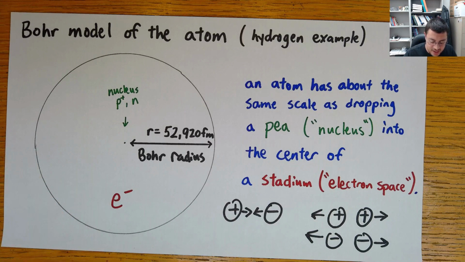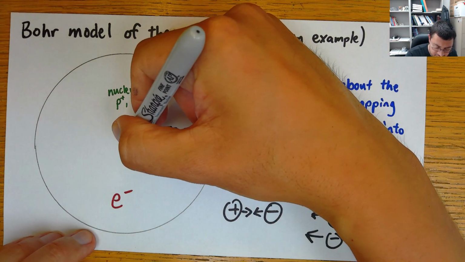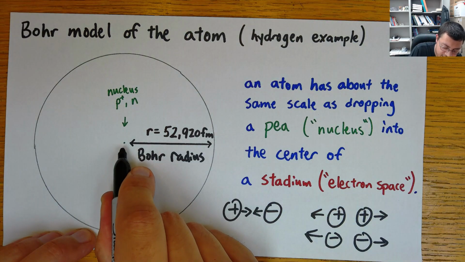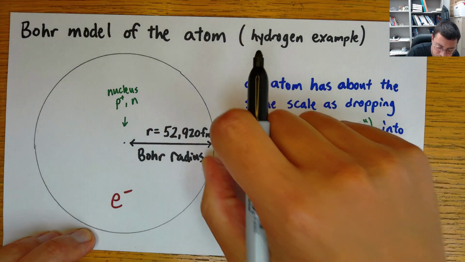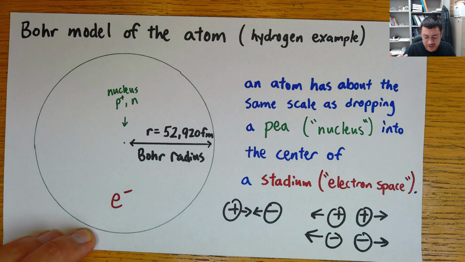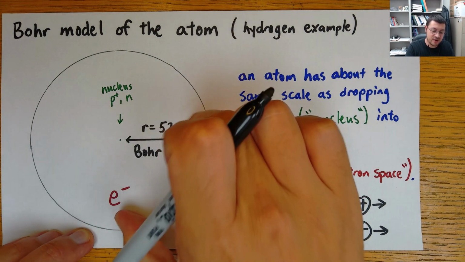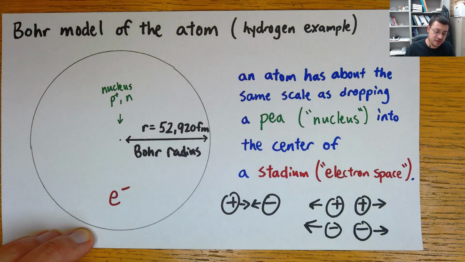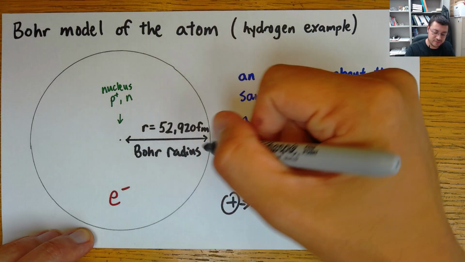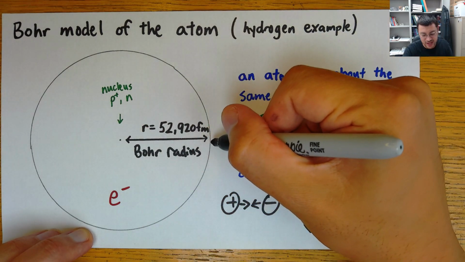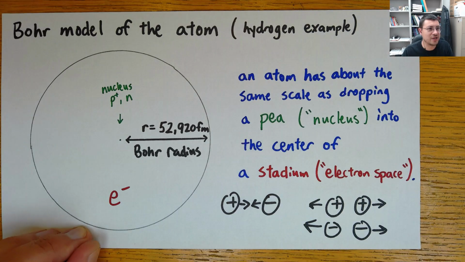So we can have this measurement or calculation of a Bohr radius going from the center of the atom to the outside. And past a Bohr radius, the electron isn't really attracted to the nucleus anymore. So you can think of this as a practical distance for where the electron can be in relation to the nucleus. That's kind of our electron cutoff, not attracted anymore. So that forms a pretty good practical distance.